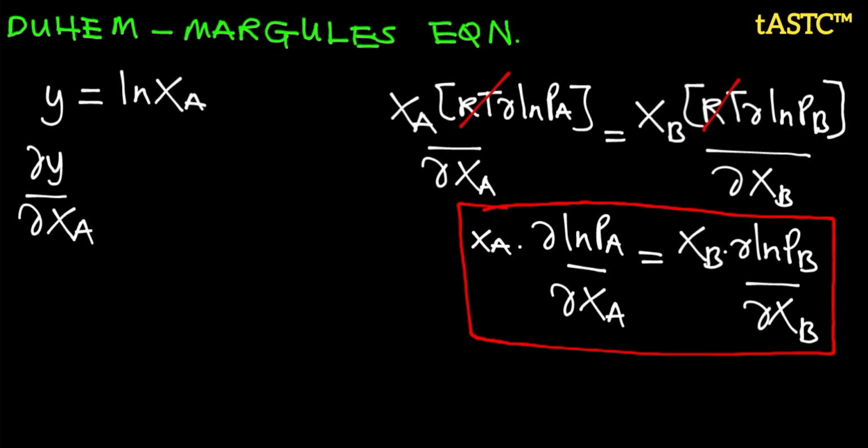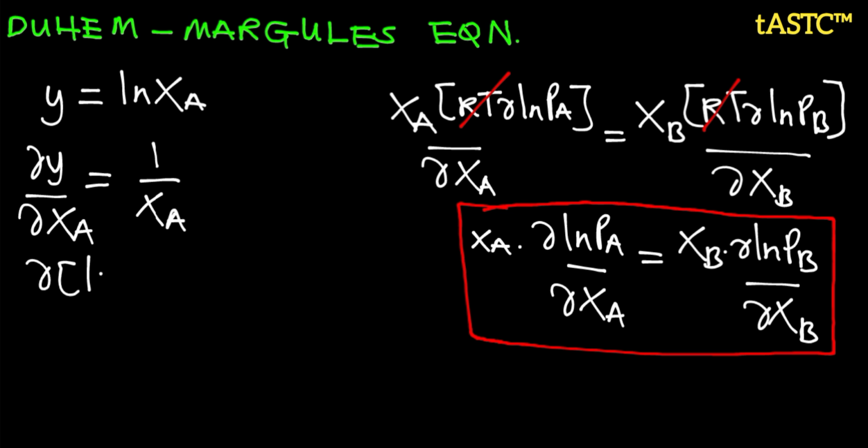In this case, I'm differentiating this partially, and that is the reason why you see the partial derivative form. So that shouldn't take your attention. What we are interested in is the formula for differentiating the natural logarithm of this variable. Now, if you wanted to solve this, this is going to give you 1 divided by x sub a. Now, we know that y is the same thing as ln x sub a. So instead of writing this, I'm going to replace this with this form.